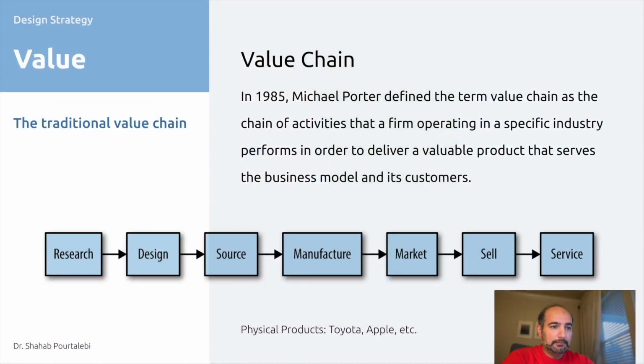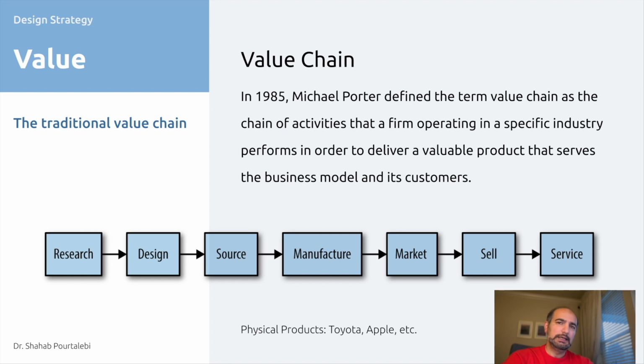The value chain model was first introduced by Michael Porter, and it's defined as a chain of activities that a firm operates in order to create value for the user, in order to create a valuable product or service.